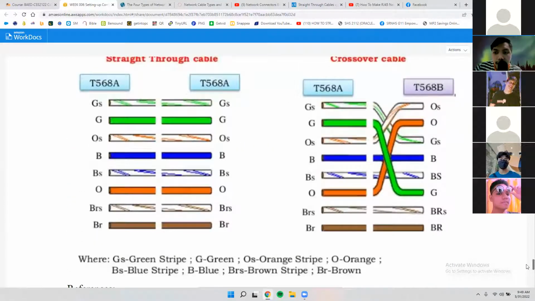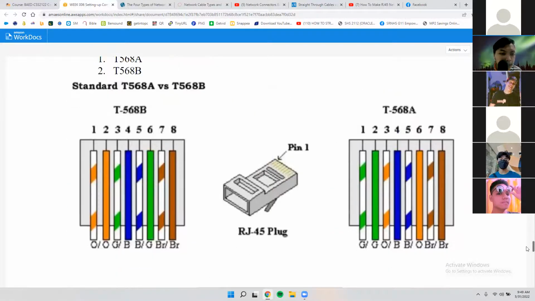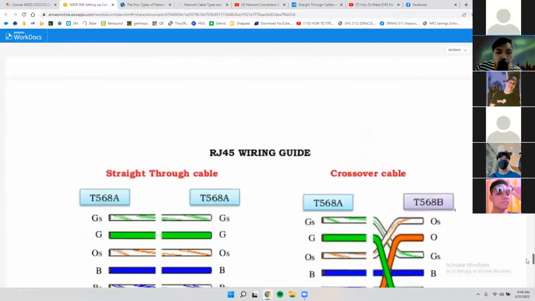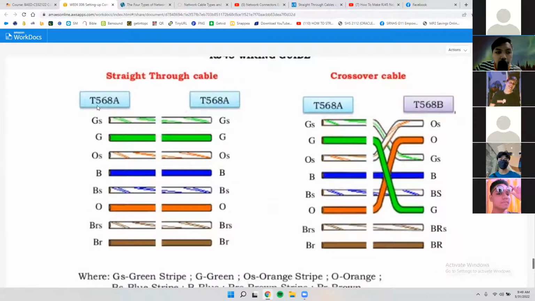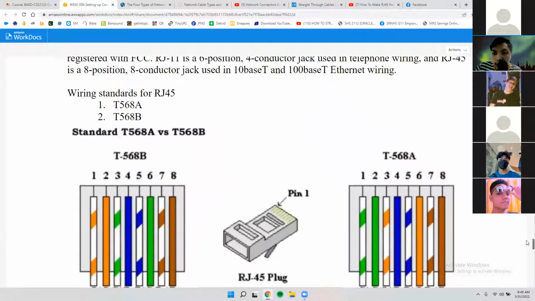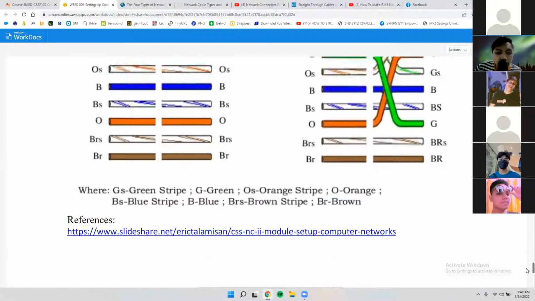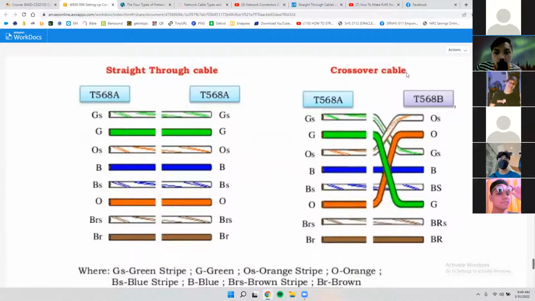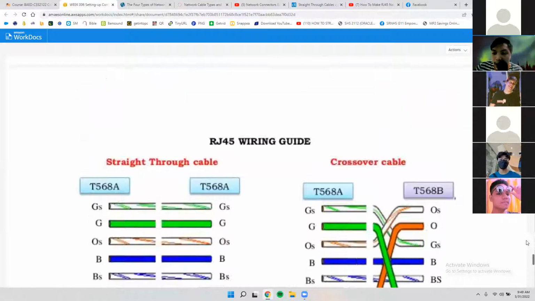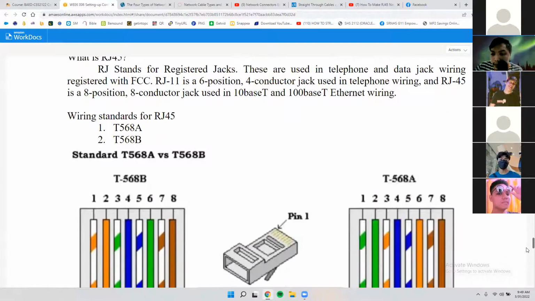Next. Ito naman, hindi pala, sorry. Okay, so kung ito, T568A, yon yung format. So same pin, connector A to connector B, T568A. Okay? So susunod naman yung crossover, yung isang dulo pang straight through, which is yung green-white, ito yon.